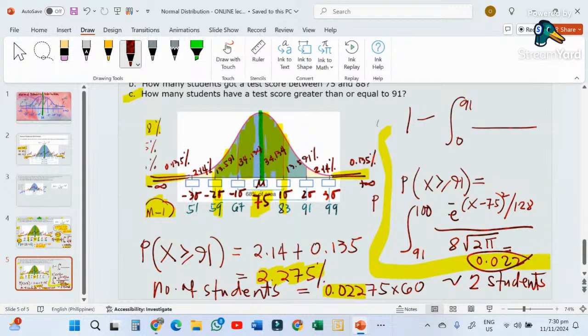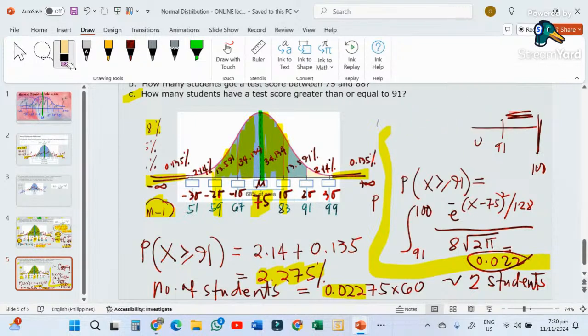What happens is from 0 to 91, that will be all less than 91, and what you are interested in is the greater bit of it. So from 0 to 91, this is what you're going to compute, but until this part is 100%. So 100 minus the 0 to 91 calculation, then you get the 91 and more, or 91 to 100 values.